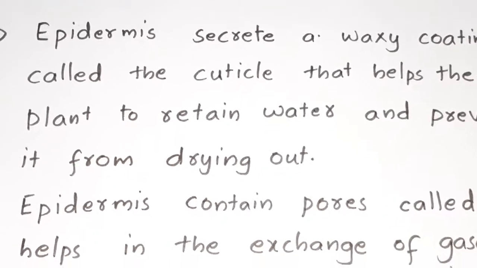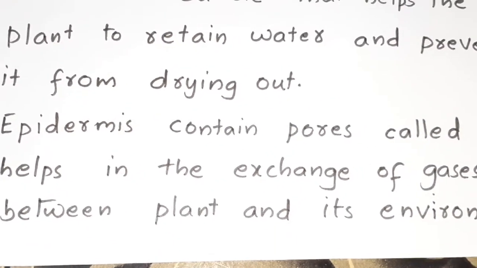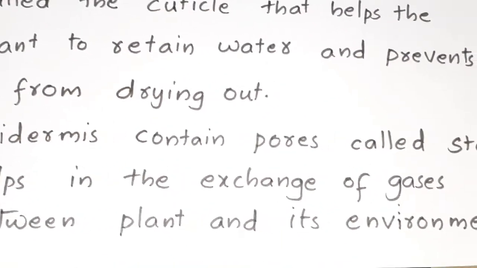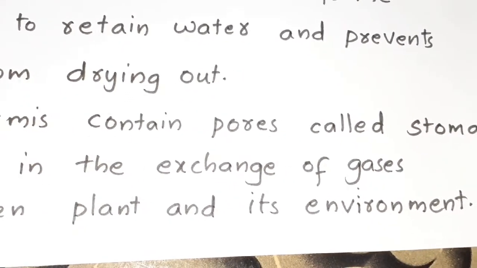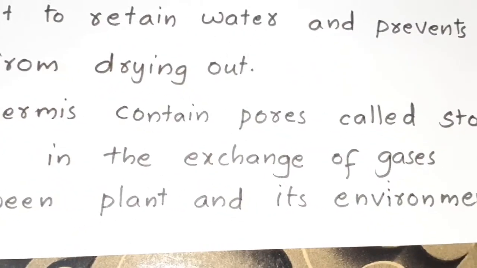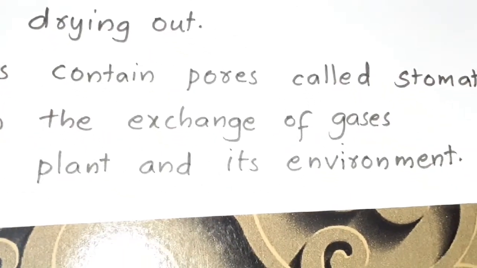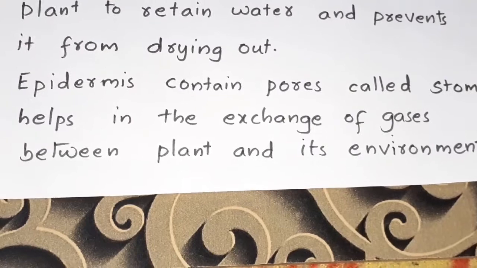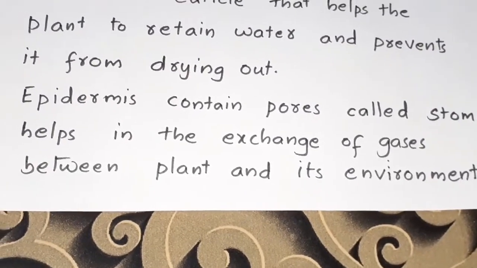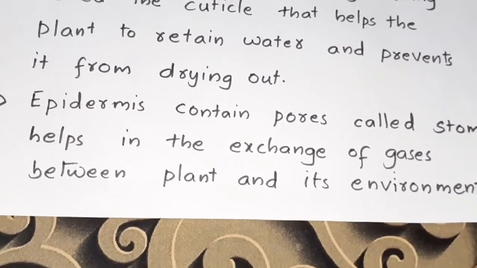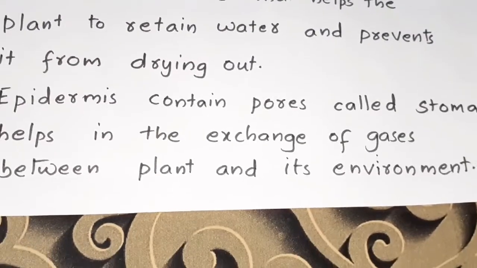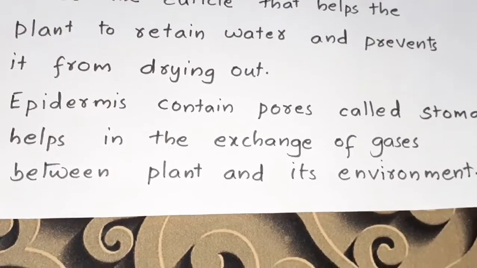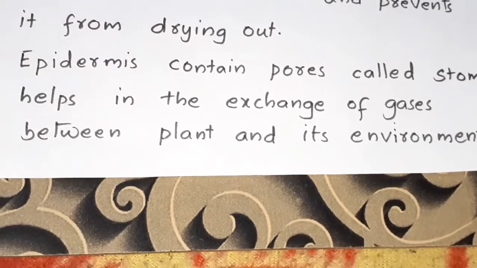Okay. Now the last point: the epidermis contains pores called stomata, which help in the exchange of gases between plants and their environment. Pores means small holes. In this epidermis, small holes are there. They are called stomata.